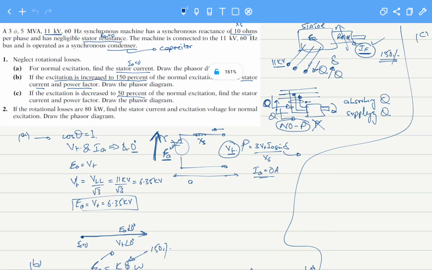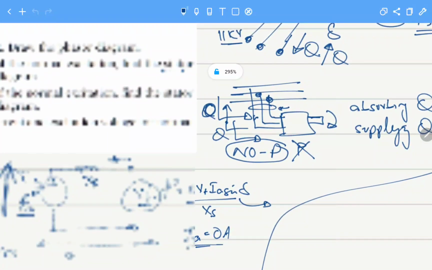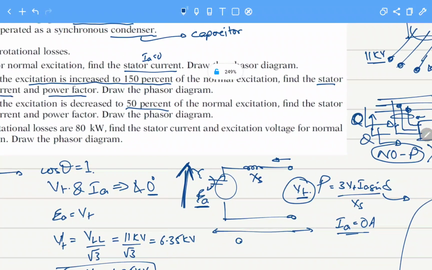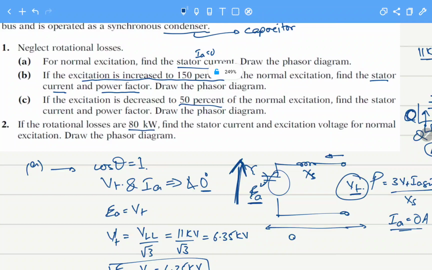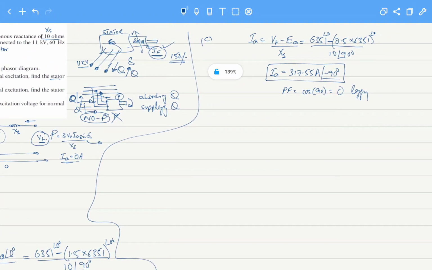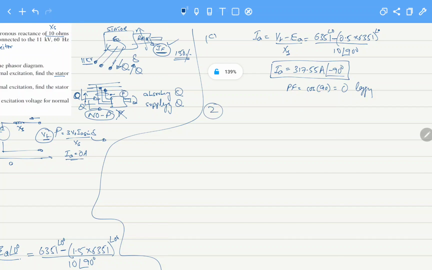The next part considers that the motor is acting as a condenser, but there are also rotational losses in the motor. That means it is also absorbing P, the real power. The rotational losses are 80 kilowatts. Find the stator current and excitation voltage for normal excitation. Normal excitation means that the current and voltage are in phase, that is unity power factor.